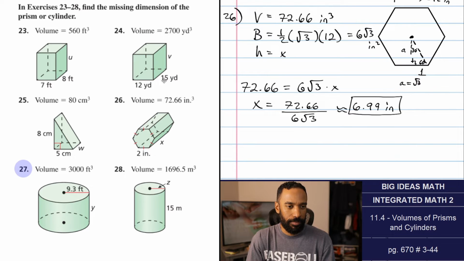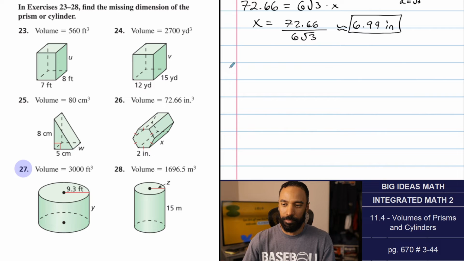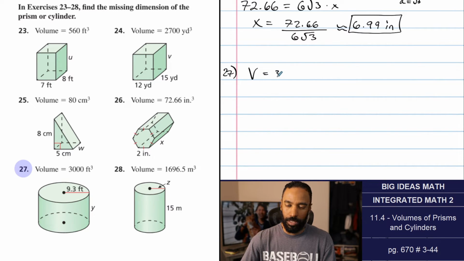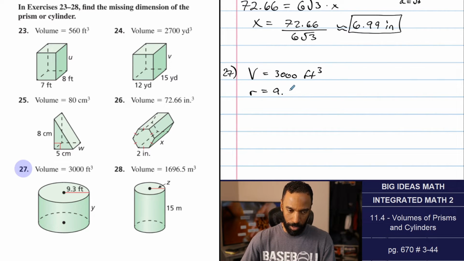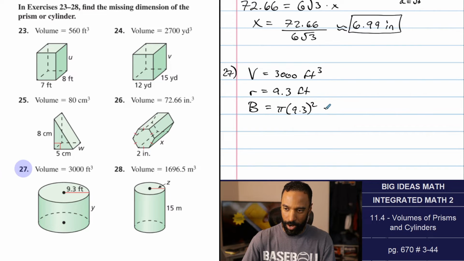Number 27, we have 3,000 cubic feet of volume of a cylinder. The radius is 9.3, so the area of the base is pi times 9.3 squared, which is not rounded.